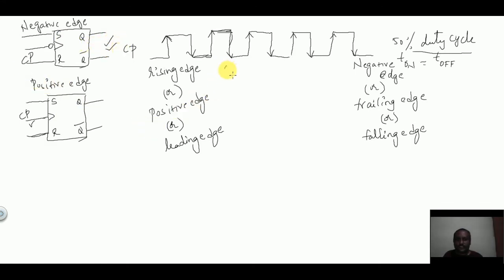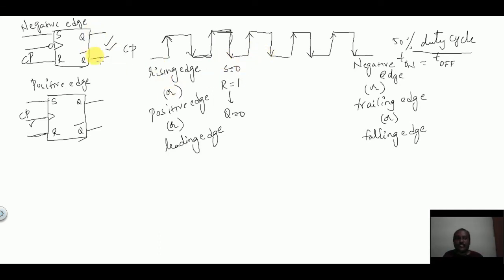At this instant if you give S equal to 0 and R equal to 1, you'll get Q equal to 0, as it is the reset condition. This we'll discuss later. If you want to give S equal to 1 and R equal to 0, you can change the output of the flip-flop only in the next negative clock pulse.